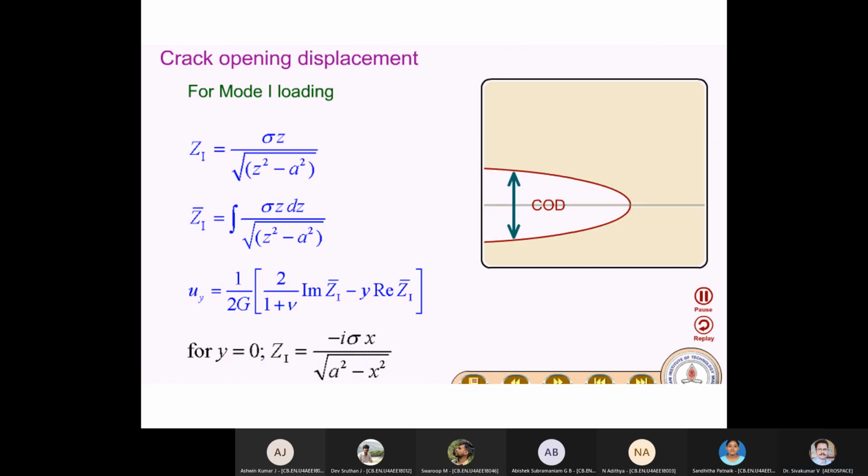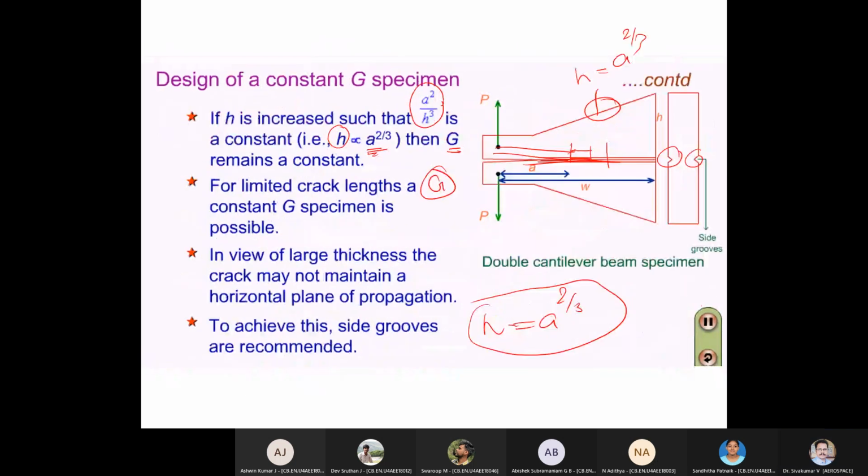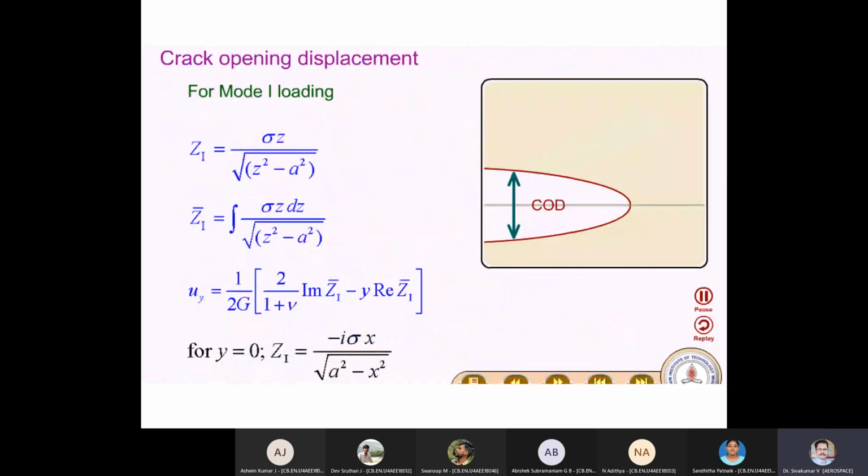Now, after all these things, because we are in the process of looking at the energy release rate, slowly we are entering into COD. I told you already, this is one of the fracture mechanics techniques. I told you about energy techniques, stress techniques, then J integral and CTOD or COD.